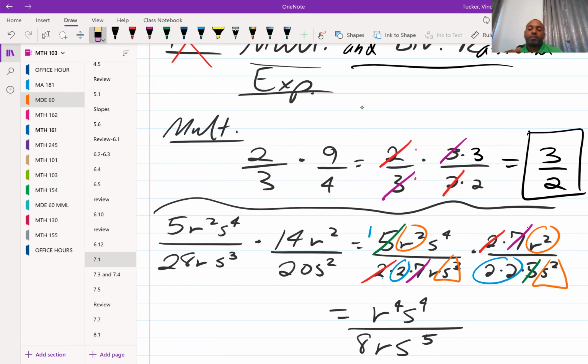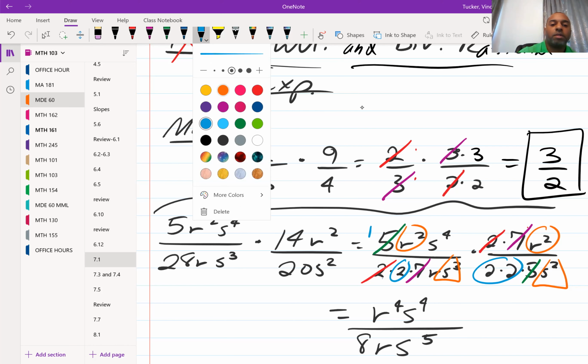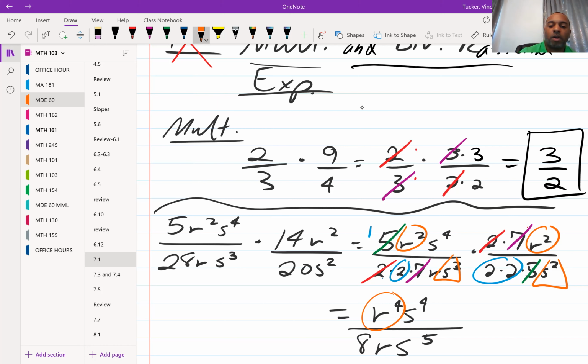From there, I multiplied what was left at the top: r squared times r squared, that's how I got r to the fourth, and s to the fourth is there as well.